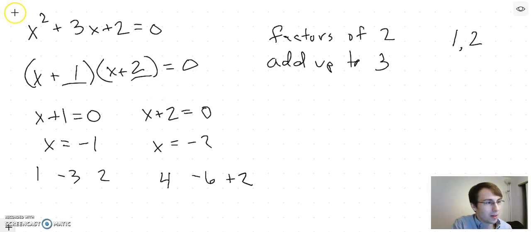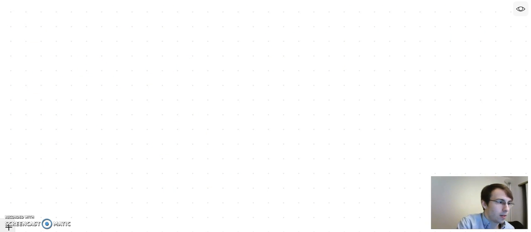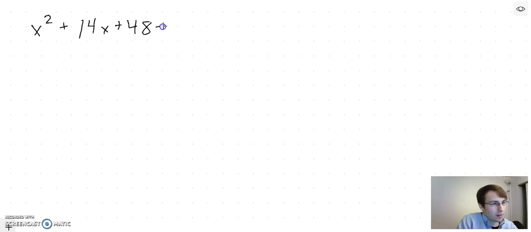Now let's do a trickier factoring problem. Let's do x squared plus 14x plus 48 equals 0.